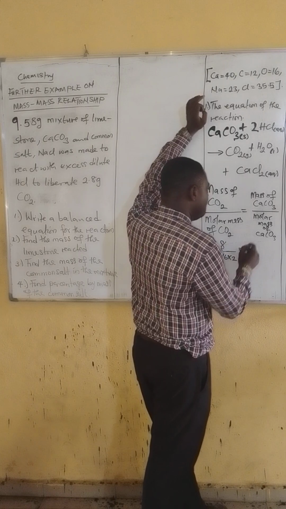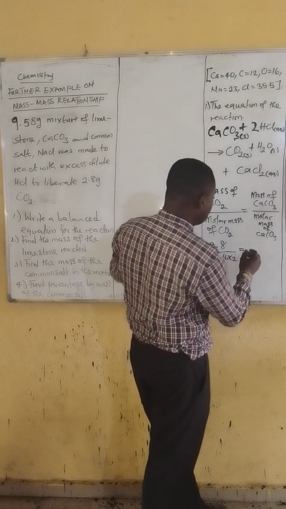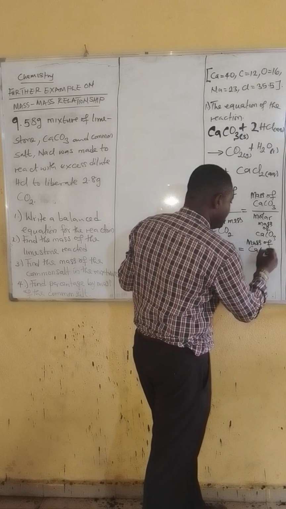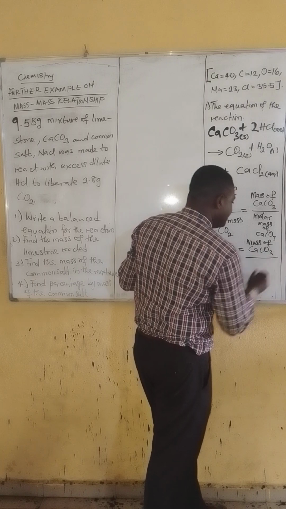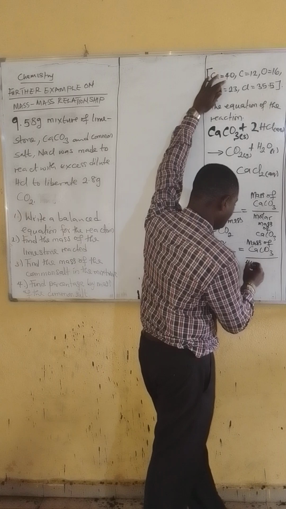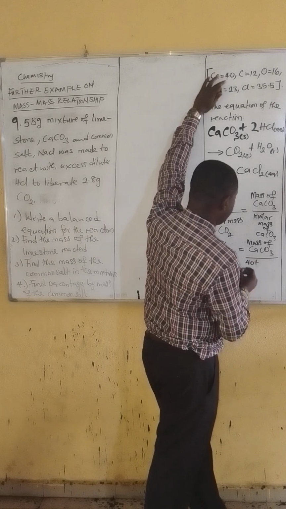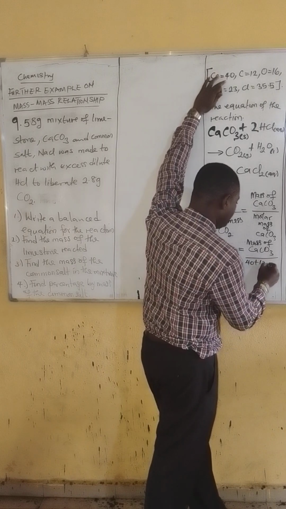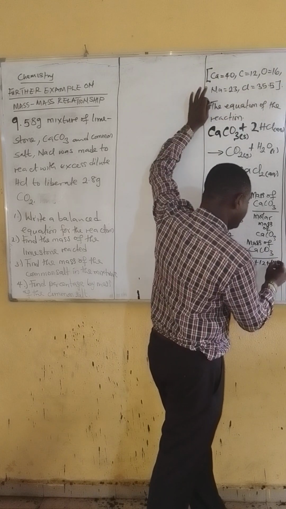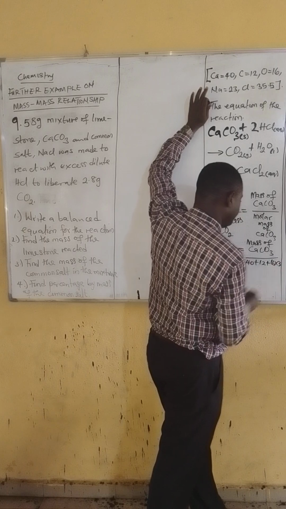Then equals to, now the mass of, this is what we are looking for now, mass of CaCO3. What is the molar mass of CaCO3? Calcium is 40. We put it there. Plus carbon is 12. Plus oxygen is 16. But how many 16 do we have there? 3.